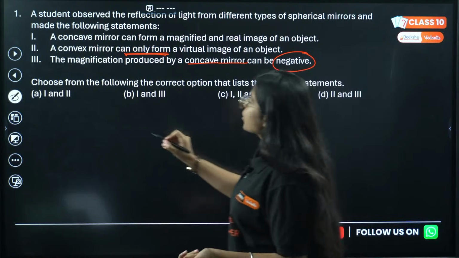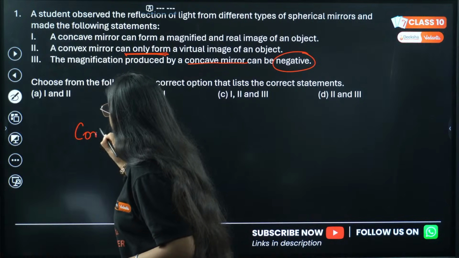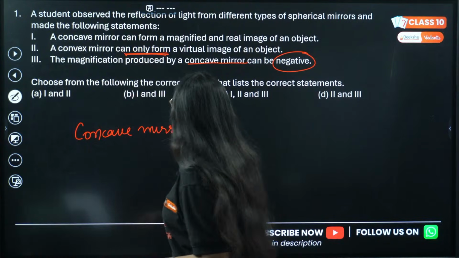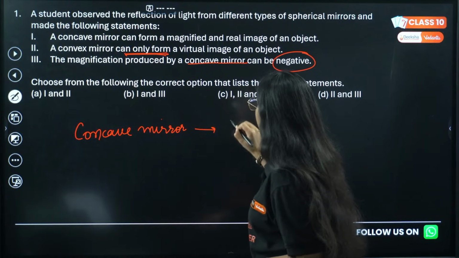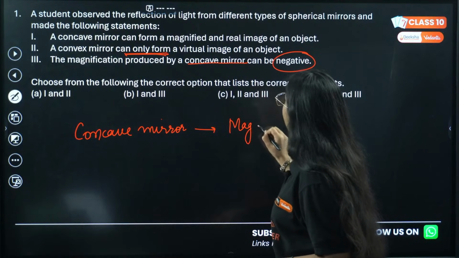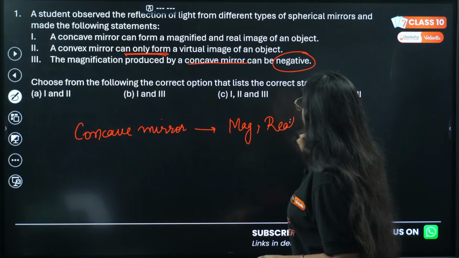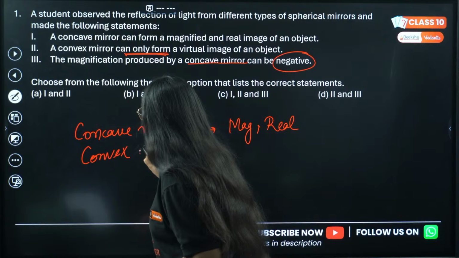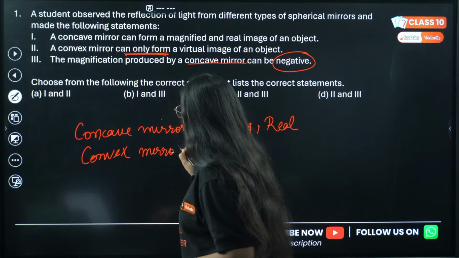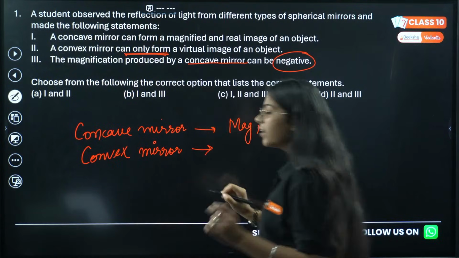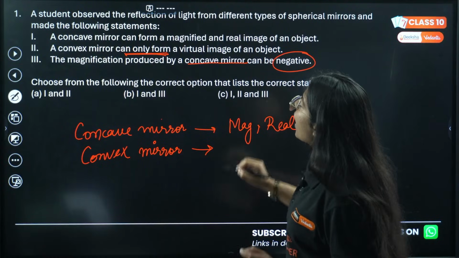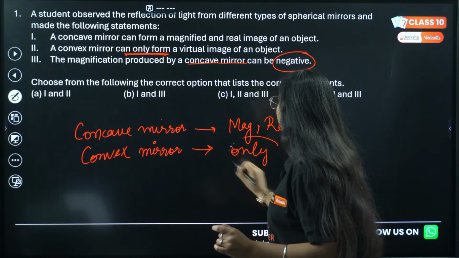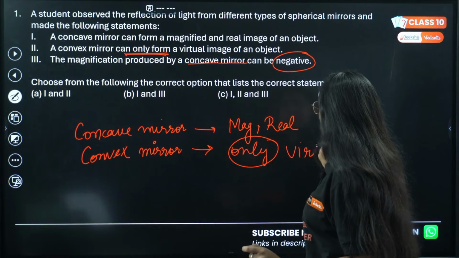Okay, let me just write it. They said first is concave mirror, and they are saying that a concave mirror produces a magnified real image, okay? Then convex mirror, in the second part, if you can't understand, take out your pen and paper and write everything that is given in the question. A convex mirror can only form a virtual image of an object.